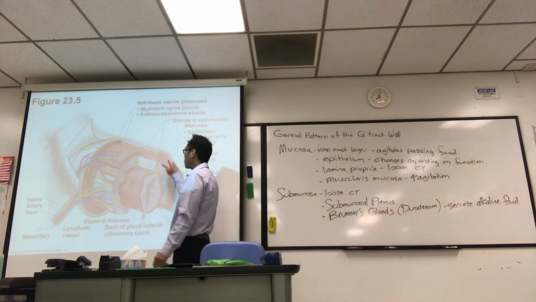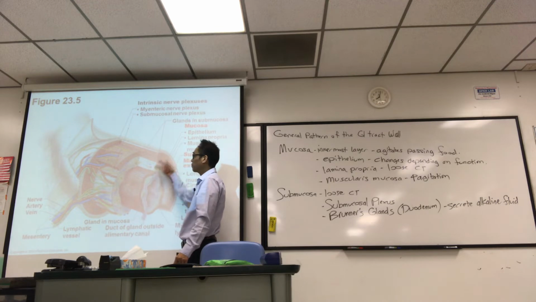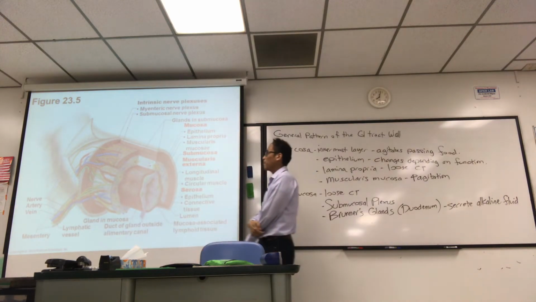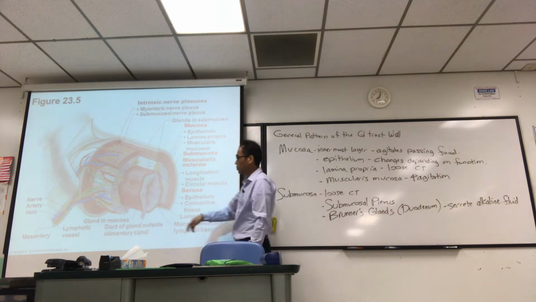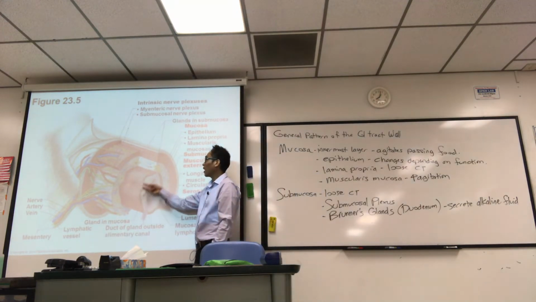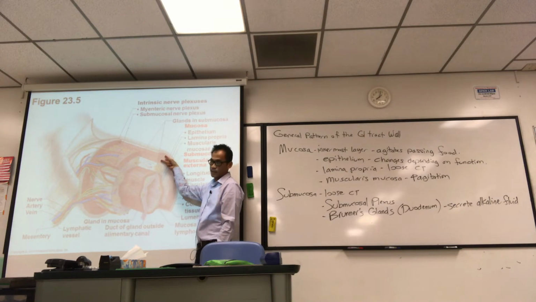Surrounding that is the main muscle layer of the digestive tract called muscularis externa. It's external to the muscularis mucosa inside there. And it's double layered most of the time.